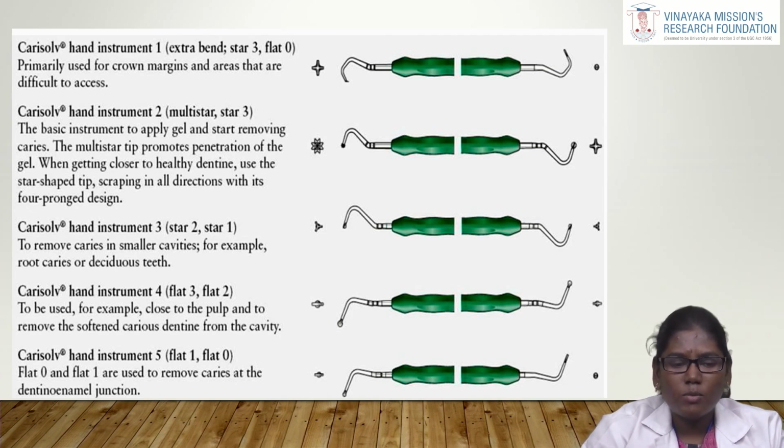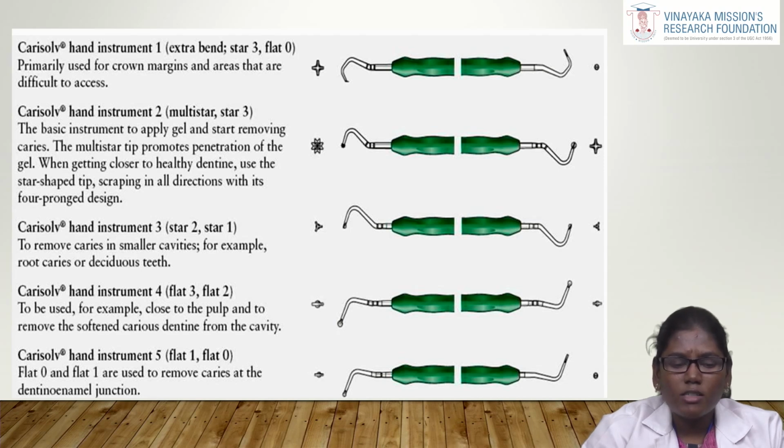CarieSolve hand instrument 2 is mainly used for application of the gel onto the caries lesion of the tooth surface, and it is also used for scraping of the softened caries lesion from the tooth surface, with its 4-prong design. And CarieSolve hand instrument 3 is mostly used to remove caries in smaller cavities like root caries, or it can be used for deciduous teeth, etc.